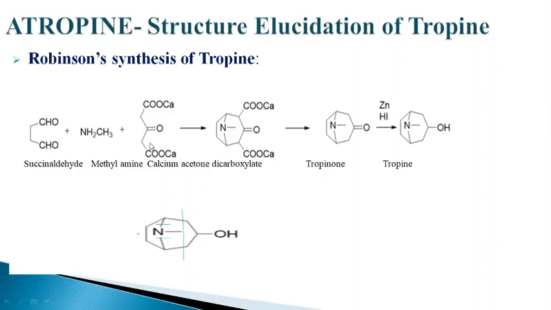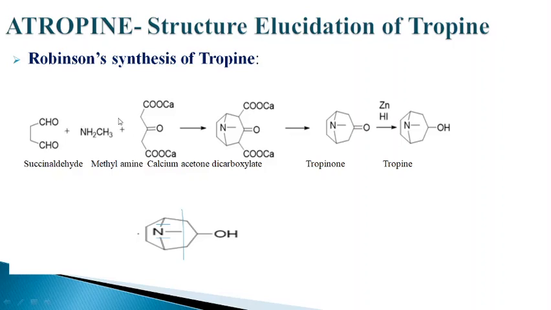These three reactants reacted in a double Mannich reaction, two Mannich reactions. As you can see, oxygen, hydrogen, and here the methylene group, a molecule of water was eliminated. Then the second Mannich reaction, hydrogen, oxygen, and this second methylene group reacted.